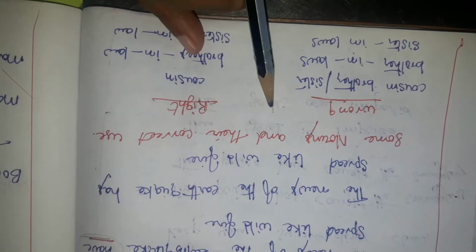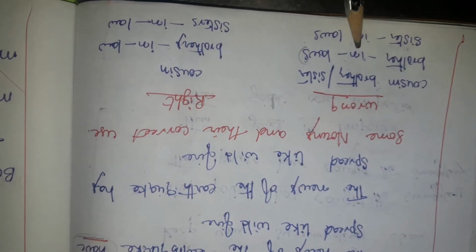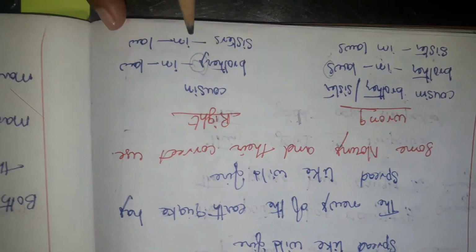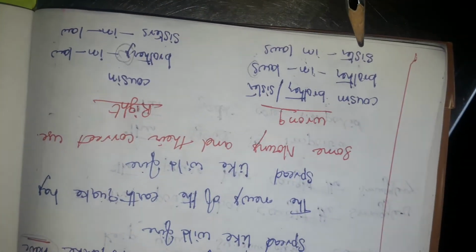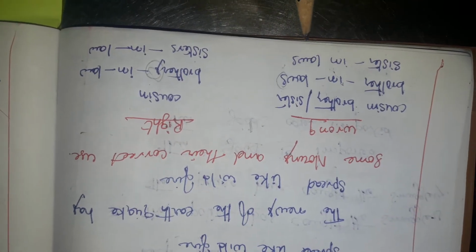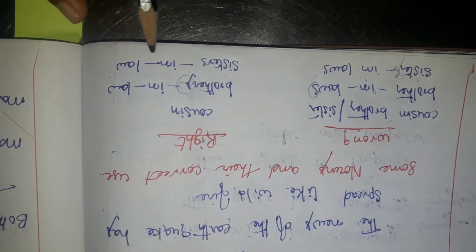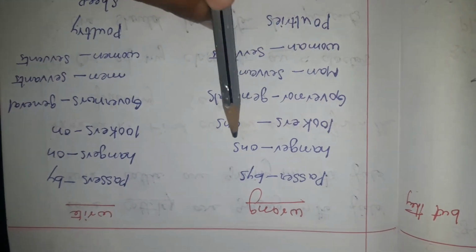Brother-in-laws. When there is more than one we will add s, isn't it? But it's not brother-in-laws. It is brothers-in-law. Sister-in-laws is wrong. You have to write sisters-in-law. Next, hangers-ons is wrong.